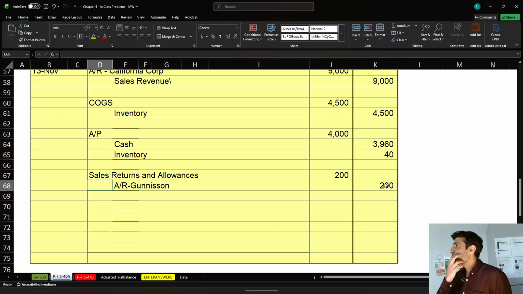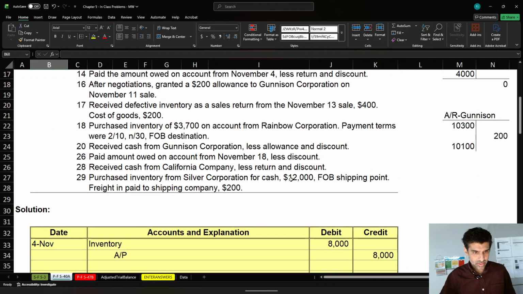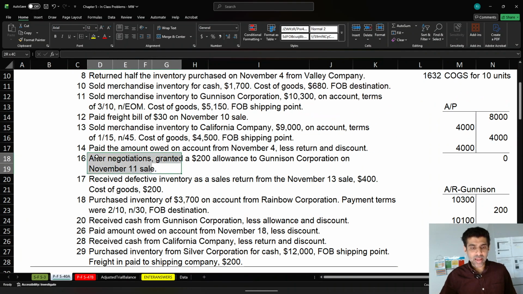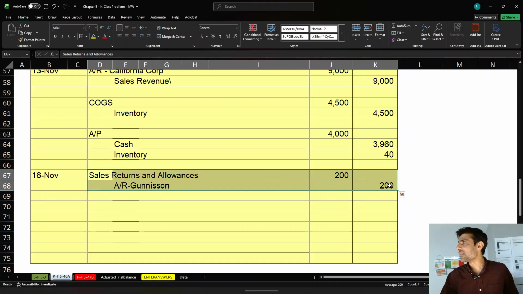Yeah, Margarita. Yeah, sorry. Yeah. So what was this, November 16th? Yeah. Okay. And I only have to do this one journal entry because it's an allowance where I'm not getting those inventory items back. So I don't have to do anything with inventory or cost of goods sold. Okay.